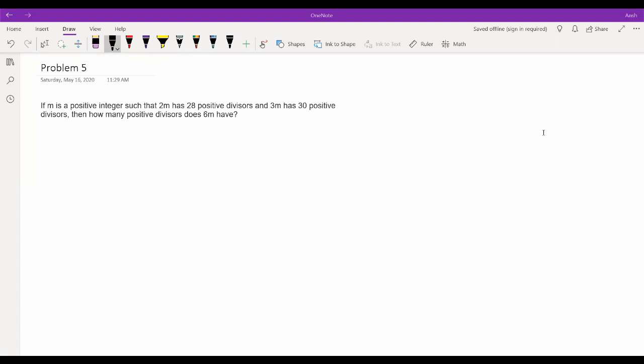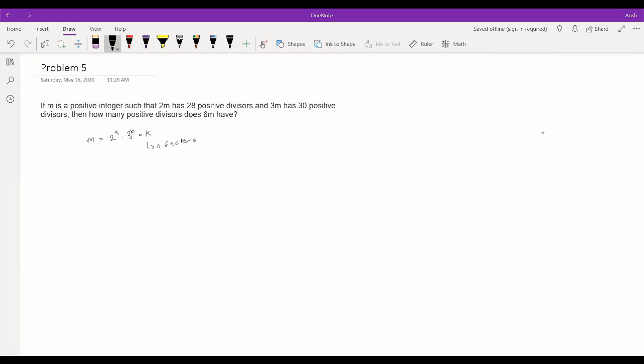If you remember back, we had a formula to find the number of divisors, which was equal to the product of all the powers plus 1. So we can write m in the form of, let's say, 2 to the a times 3 to the b, and then times some number k, and we can say k has n factors, hypothetically.